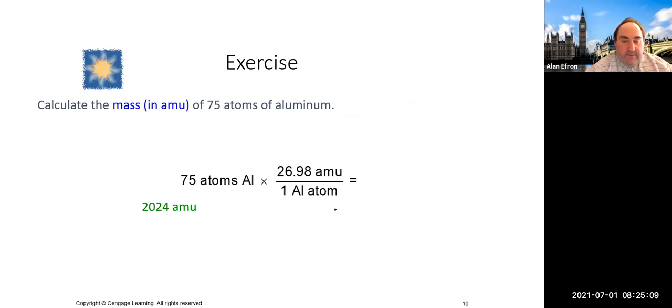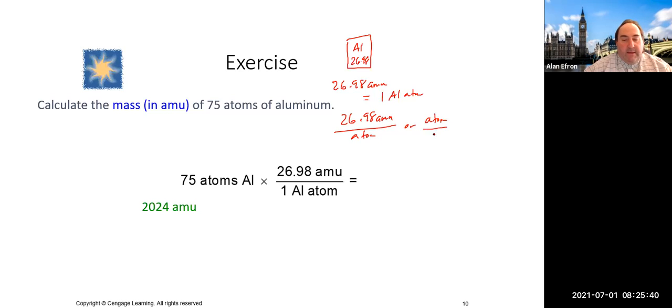Same thing here with aluminum. Again, if we look at aluminum on the periodic table, 26.98 is what we see underneath there. Again, meaning that there is 26.98 AMU in one aluminum atom, giving us two conversion factors of 26.98 AMU per atom, or one atom per 26.98 AMU.